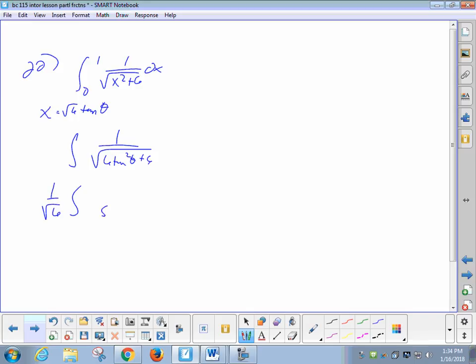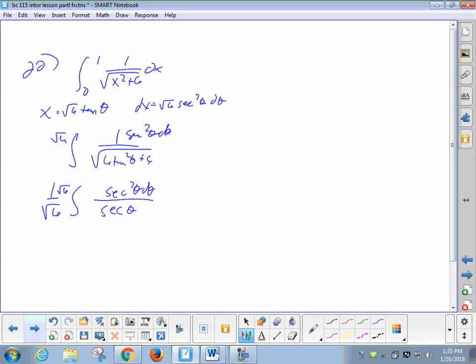That seems like it's working just fine. Now let's change everything else. If x is root 6 tangent theta, then dx is root 6 secant squared theta d theta. The numerator becomes root 6 secant squared theta d theta.